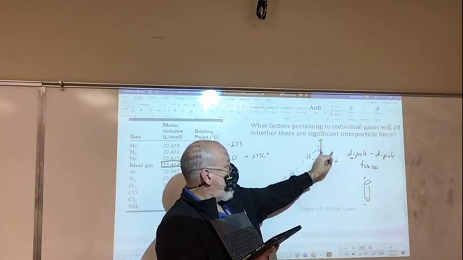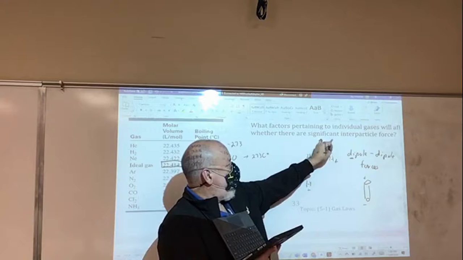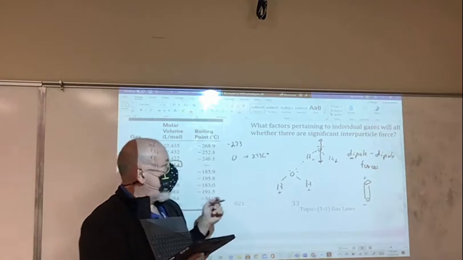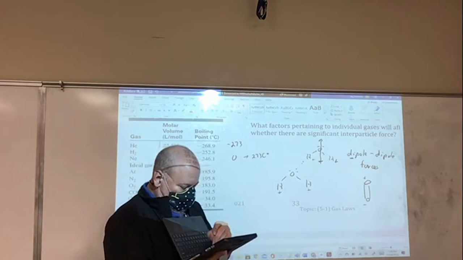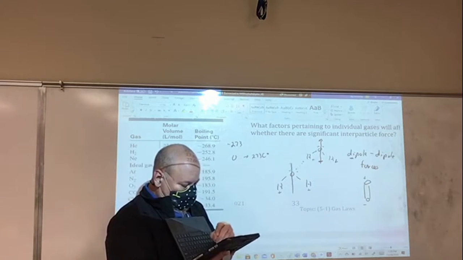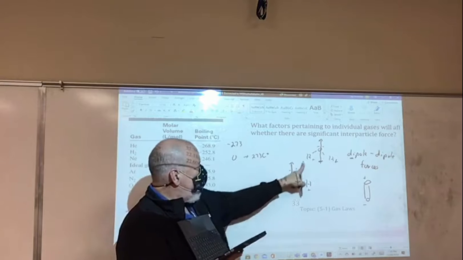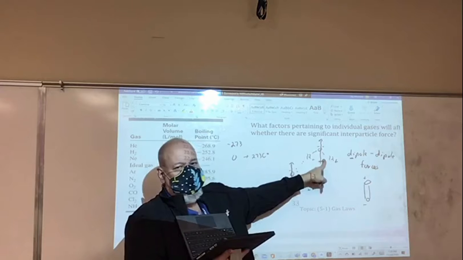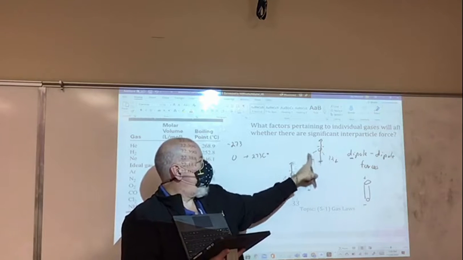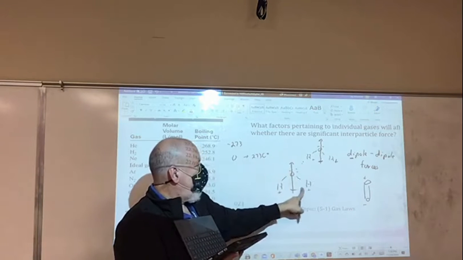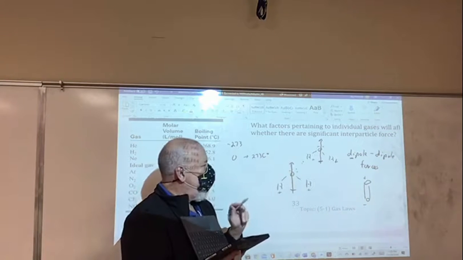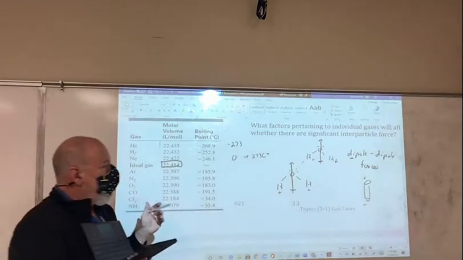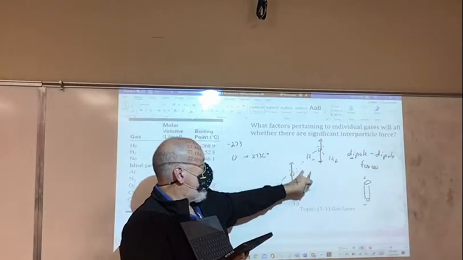This is where the positive part of the dipole is, and then the arrow points towards the negative end of the molecule. And these are called dipole forces because they're forces of attraction between dipoles. The water molecule is a dipole. Okay? This is a dipole, this is a dipole, and this is a force of attraction between the two dipoles. And water molecules are not the only thing that do this.